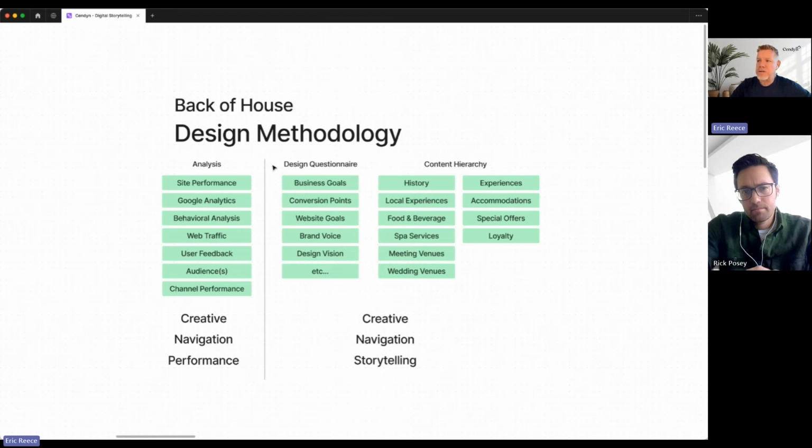And so we start to understand that direction here in this design questionnaire, learning about you and the customers as much as we possibly can, digesting that information, and then it starts to inform the direction of the creative going forward.